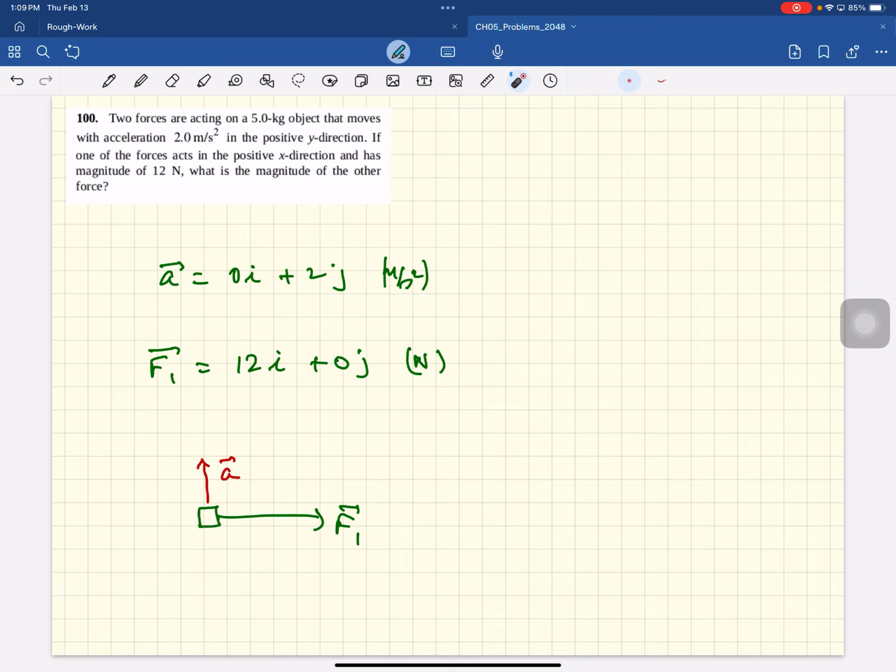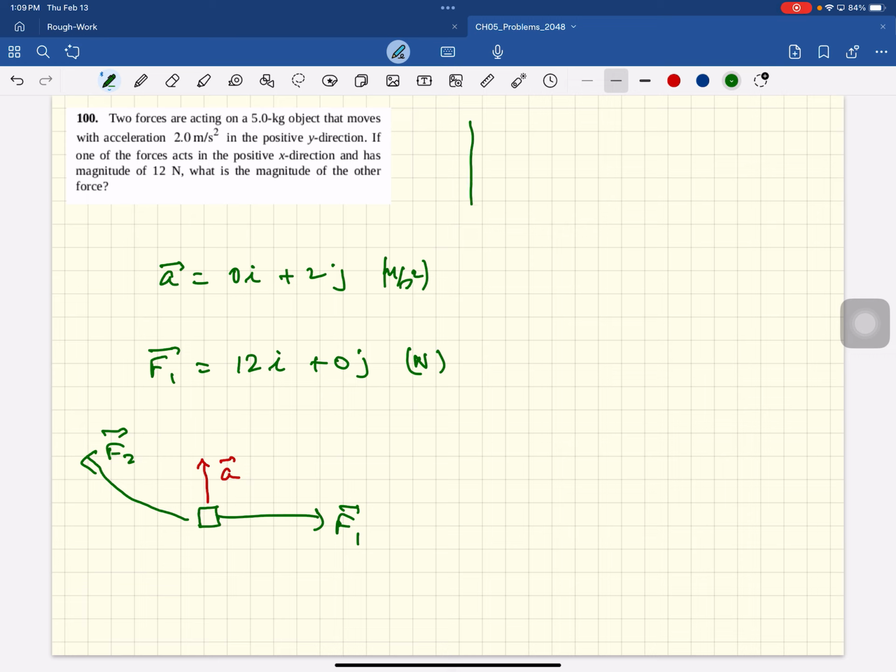The acceleration doesn't have an x component, so you need a force that is canceling the x component, and it has to have a y component as well. So F2 needs to be somewhere there.